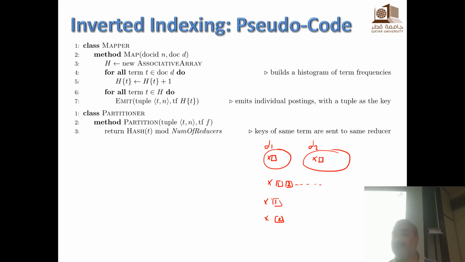But of course, as I said, now we cannot do this value-to-key conversion. We cannot put part of the value into the key, because now we have more than one document number. It will break the rest of the code, so we'll have to think in a different way. But that's a way of doing in-mapper combining. Is this clear?